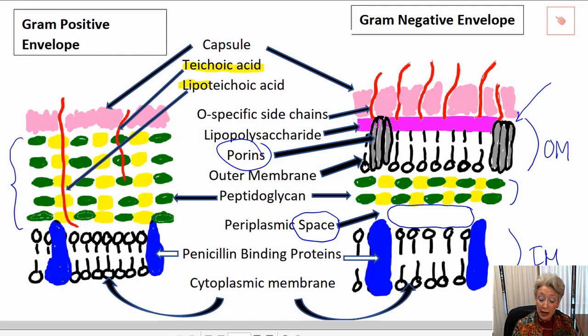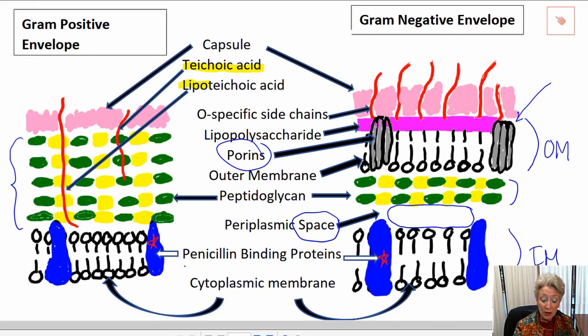As we said, active transport happens within the internal membrane. The final thing to point out here is the presence of penicillin binding proteins. And these blue oblongs that I've shaded here, reaching through the cytoplasmic membrane, if you notice, they exist in both gram-positives and gram-negatives.